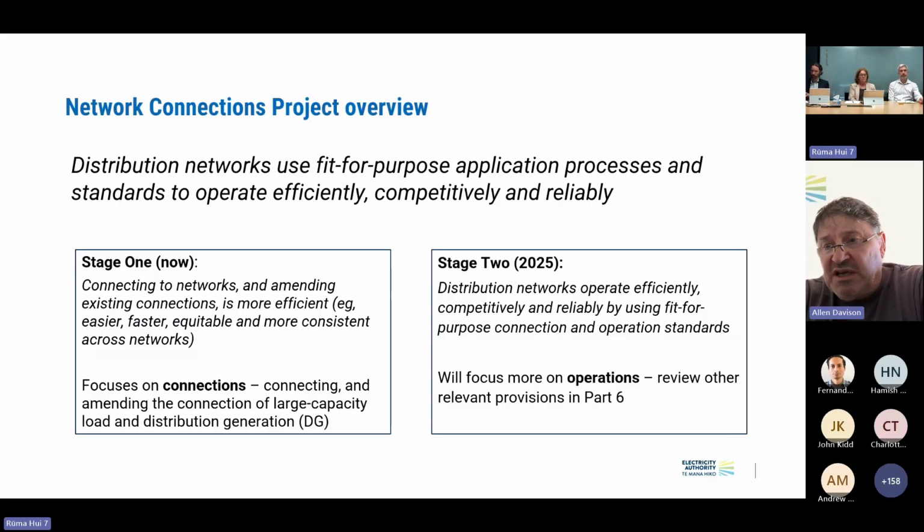So at the moment, there are two stages to the Network Connections project. Stage 1 is the consultation paper that's currently out. That's all about connecting and also upgrading connections.